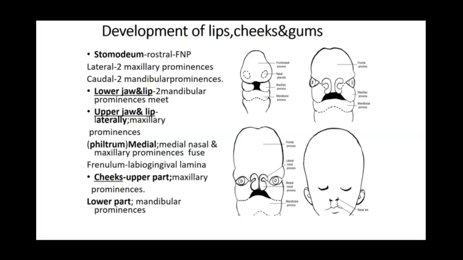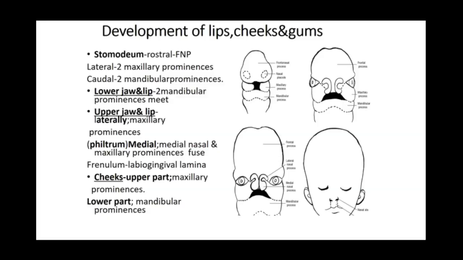Basically, cheeks are formed by that. So the mandibular processes fuse to form the lower jaw and the lower lip. Very simple. The upper jaw and upper lip are formed by the maxillary prominences, and the philtrum, that is the central portion just below your nose, is formed by the medial nasal prominences in the medial aspect, and slightly lateral to it is contributed by the maxillary process.